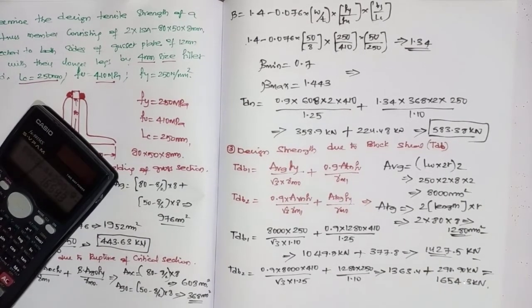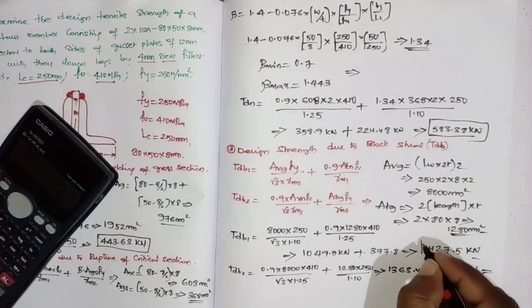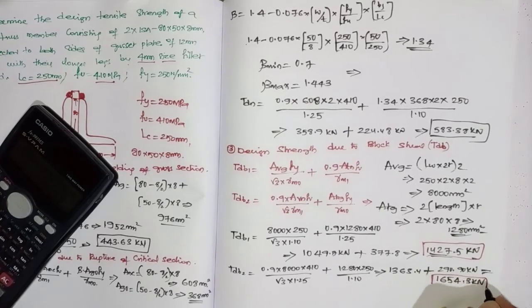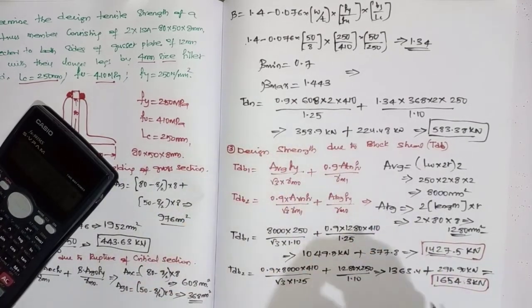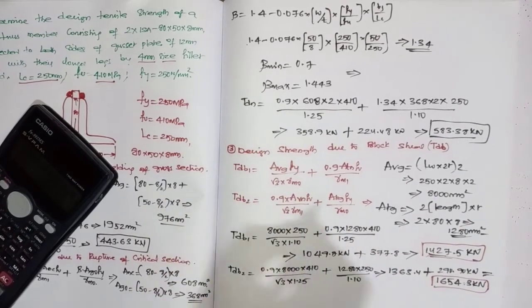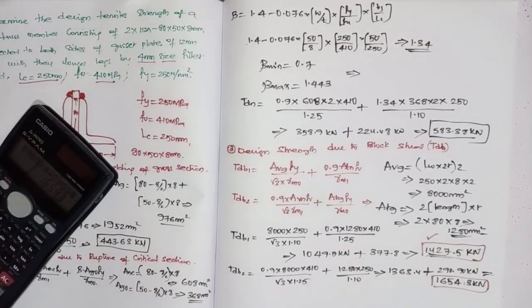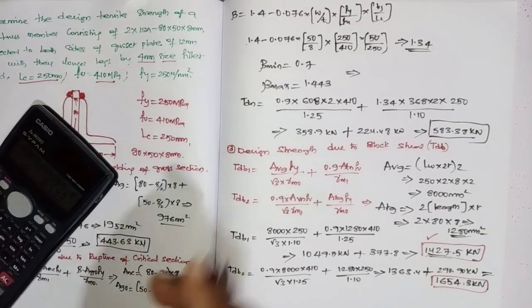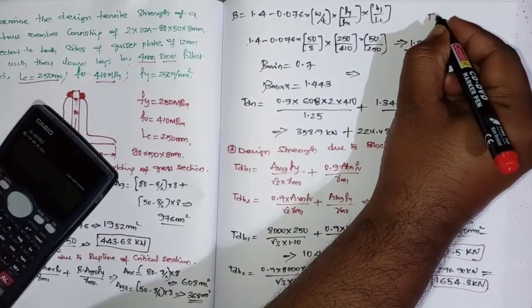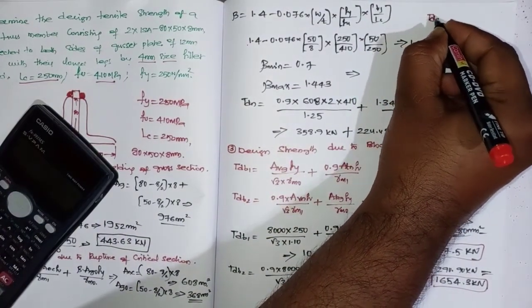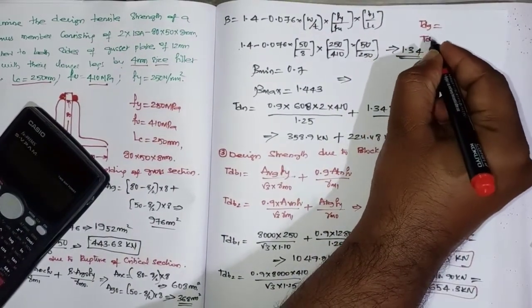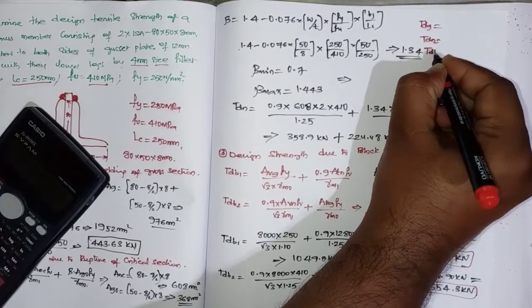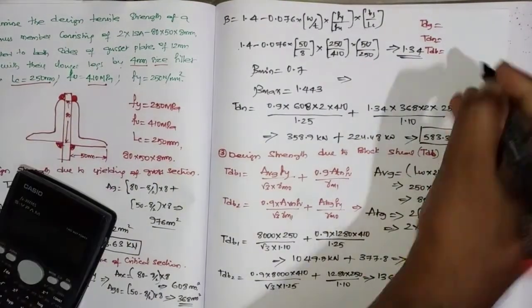Now you got 4 values. Here it is 1427, this is 1654. So in design strength due to block shear, Tdb1, Tdb2, this is the least value. Overall, from Tdg, next Tdn and Tdb. What is Tdg?